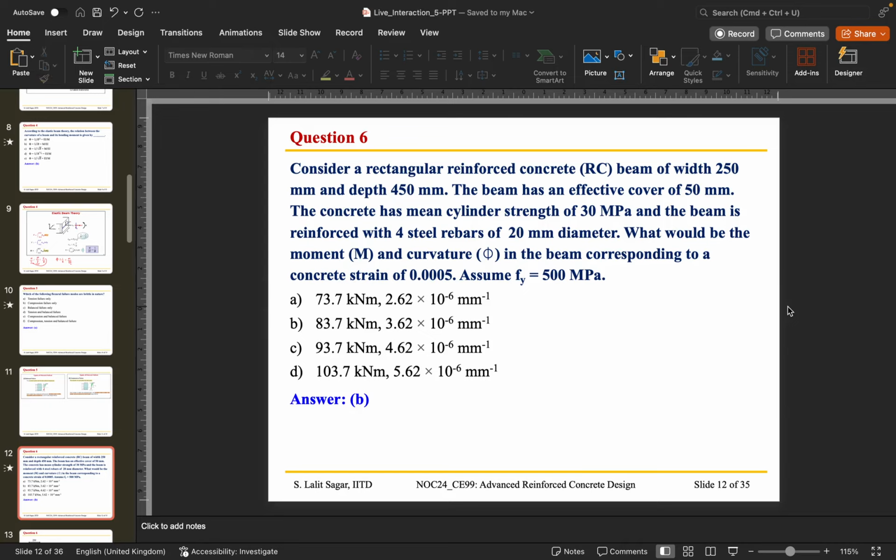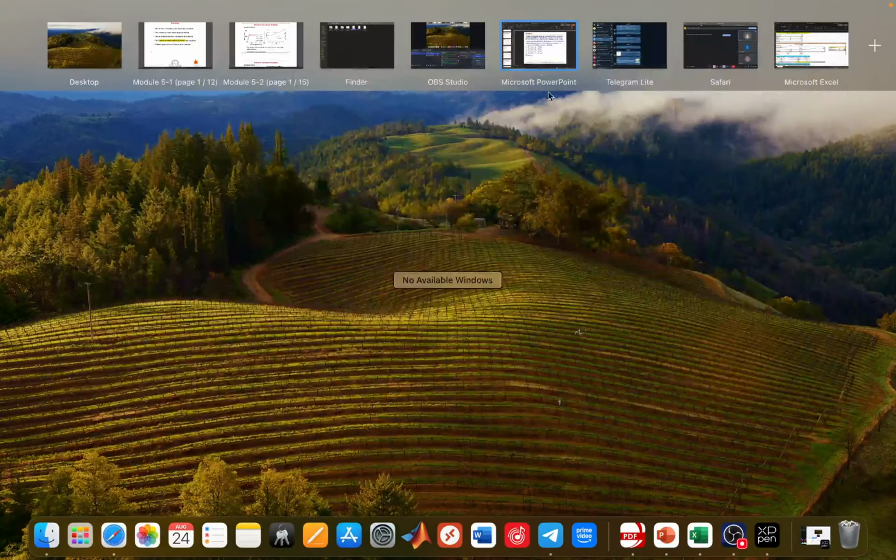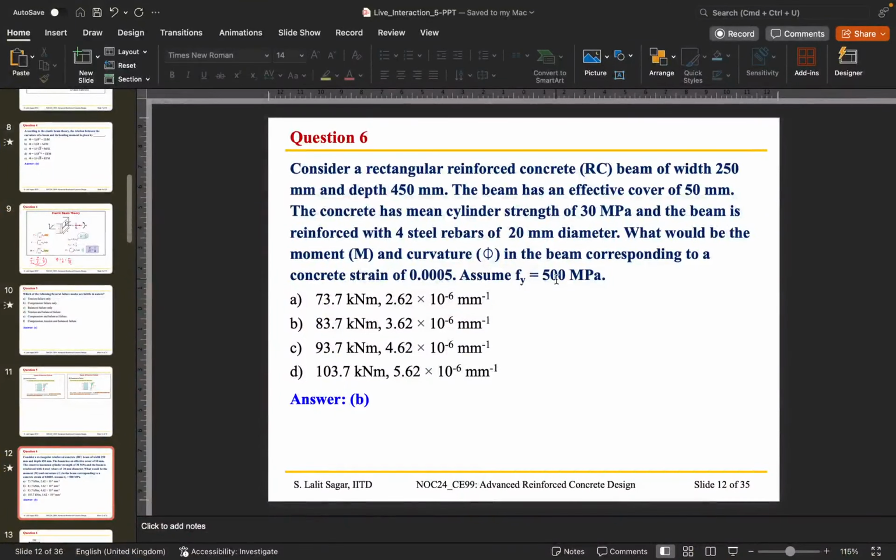So it is extremely difficult to solve using pen and paper, right? So may I know what was the value of x that was assumed from your side? I assumed it's 85. Okay, yes.